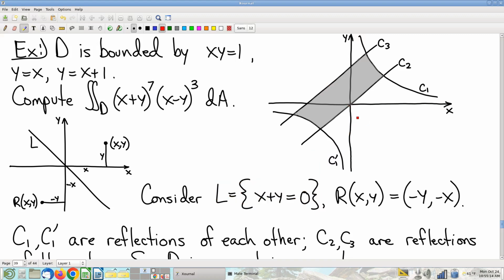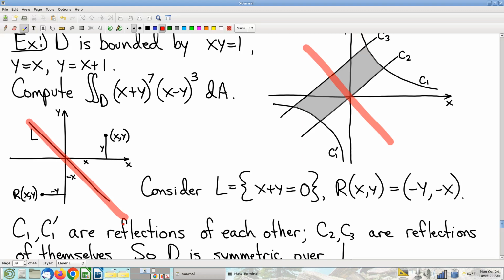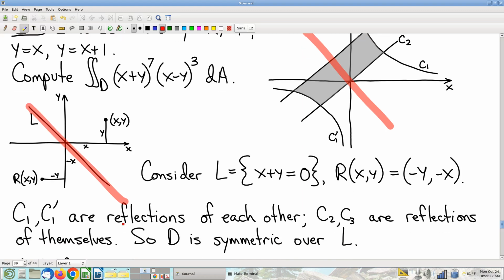So I'm going to need the formula for the reflection. How do we reflect over that line? Here's a picture that I find helpful. If you take a point x comma y, you think of the x and the y as making a little rectangular frame like that.